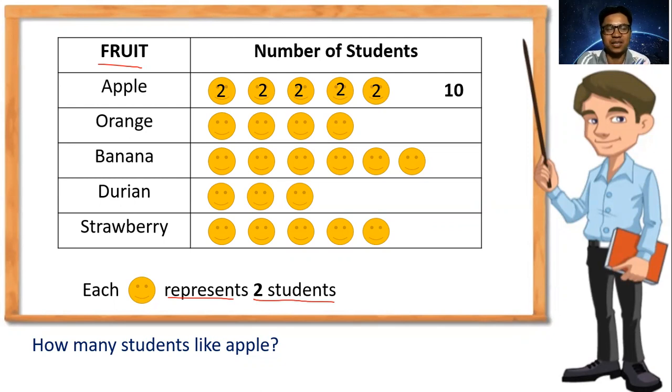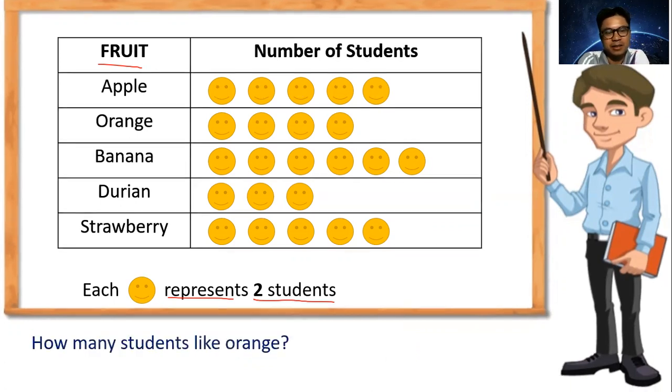The answer: there are 10 students who like apple. Next, how many students like orange? There are 4 smileys times 2 equals 8 students. The answer is 8 students.